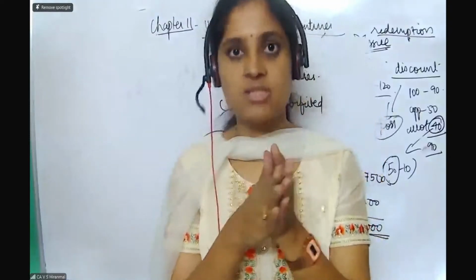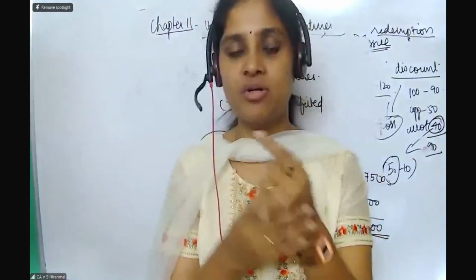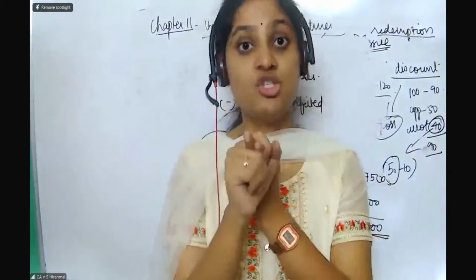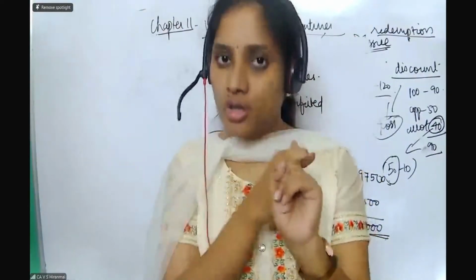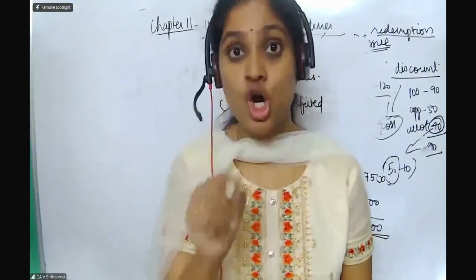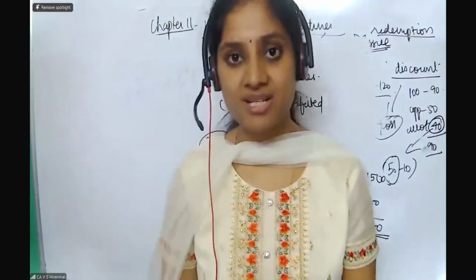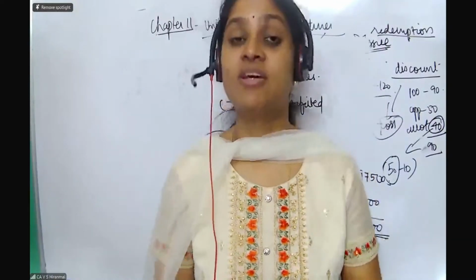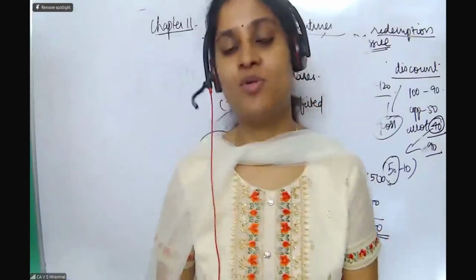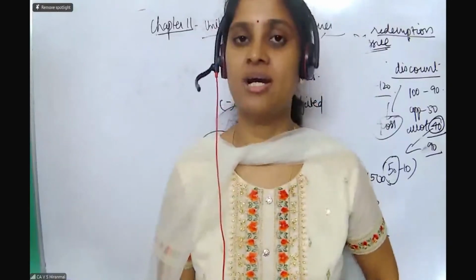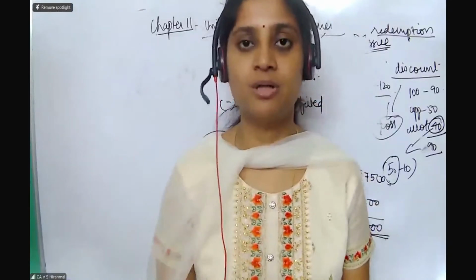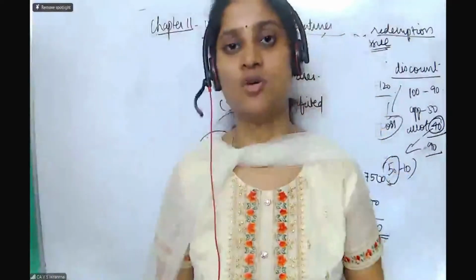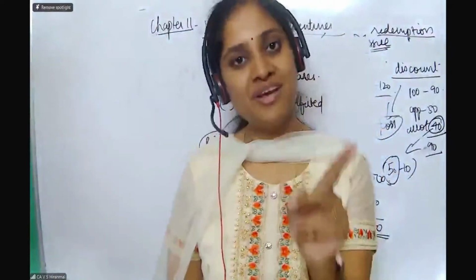Now, in this question, there are two people who have defaulted. One is Ram, the other one is Shyam. When you talk about Ram, he has not paid the allotment. That means, has he paid the premium or not? Not, ma'am. When you have not paid the premium, what did I tell you when I was teaching? You are supposed to debit it because that is also a loss for you. So I have taken only 500 into 2.